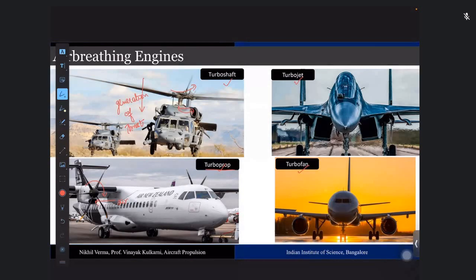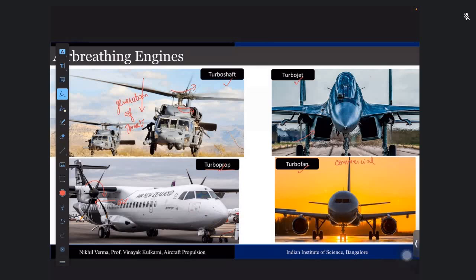Another category is the turbojet engine, where we take the air, and we will see how the different engines look like. And there is one more category that is known as the turbofan engine. This turbofan engine is mostly used in commercial airflights.